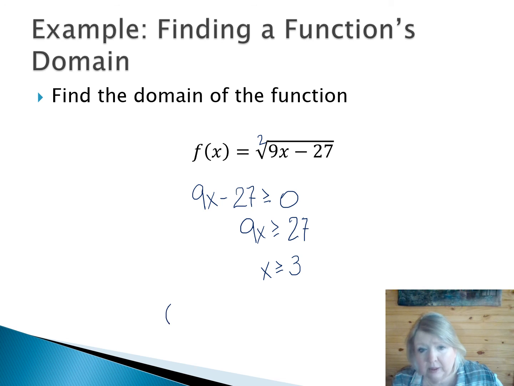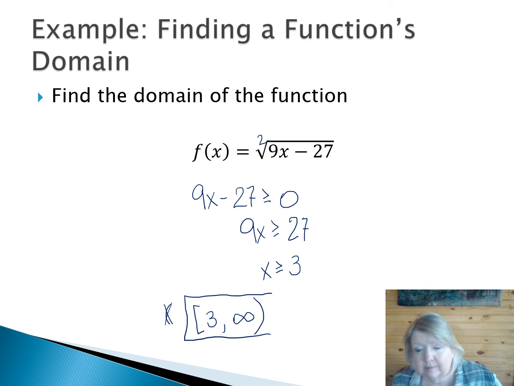So I'm going to say, since it's or equal to, I want the closed bracket, 3 to infinity. This says start at 3, including 3, that's the or equal to, and keep going right forever.